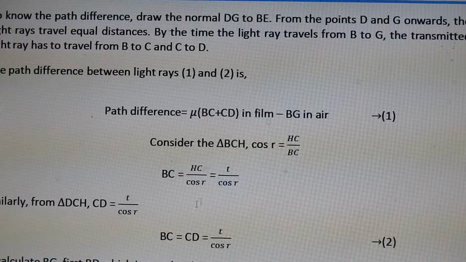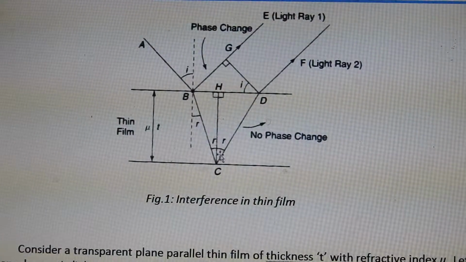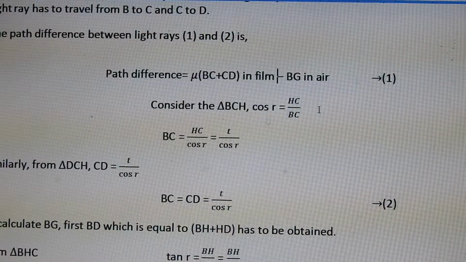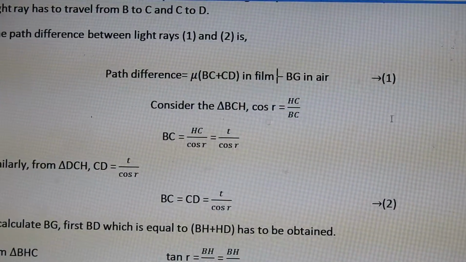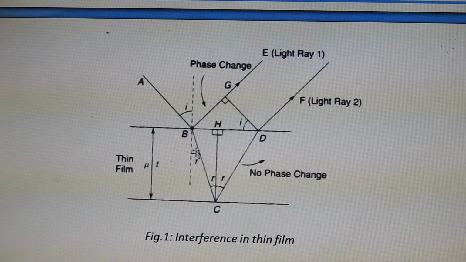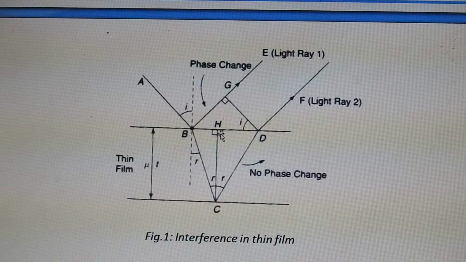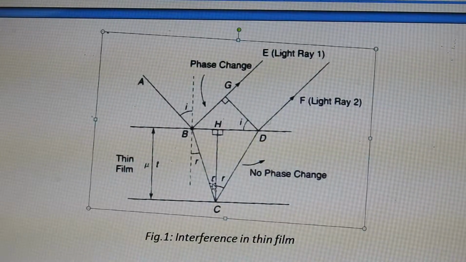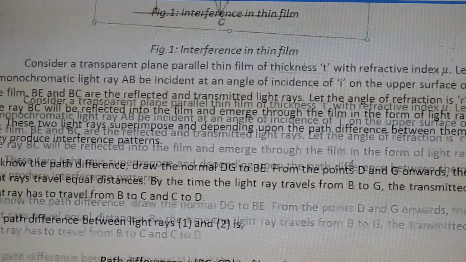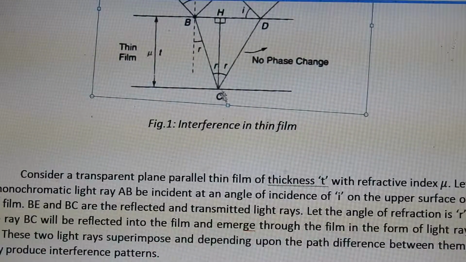Cos r is equal to the adjacent side by the hypotenuse. Because we want to calculate BC, I write cos r is equal to CH by BC.